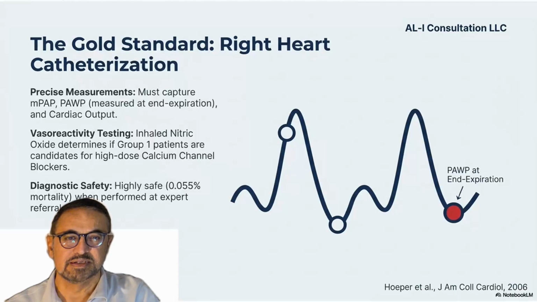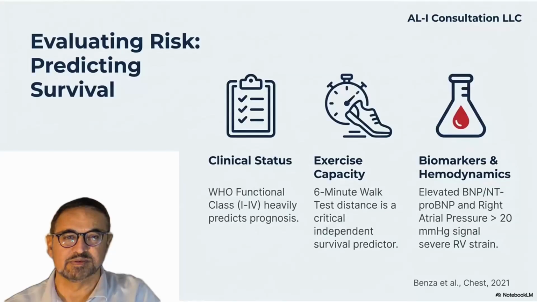Another important point to remember is that catheterization is safe when performed in experienced centers. So the message is this: do not be satisfied with an echo-based label of pulmonary hypertension when management decisions depend on invasive hemodynamics.